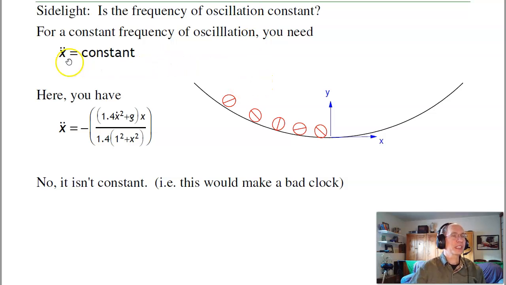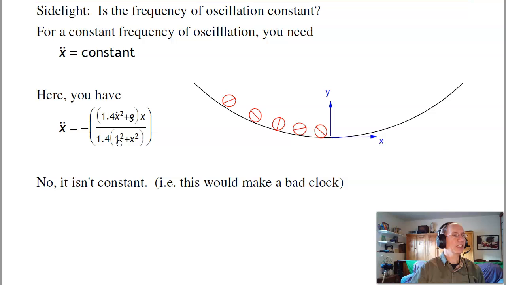For example, if I have x double prime equals minus x, then the roots are plus minus j. x double prime equals minus 9x, then the roots are plus minus j3. So I need a constant times x. If I look at the dynamics, here's an x, that's good, but the rest of this is not a constant. So what that tells you is this is not a good clock.